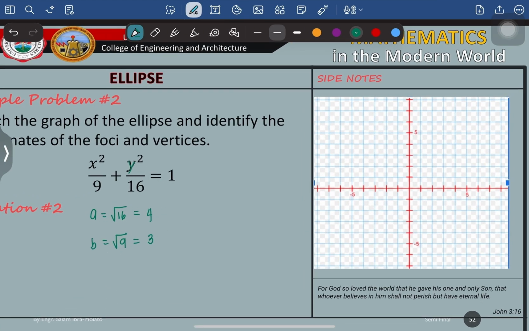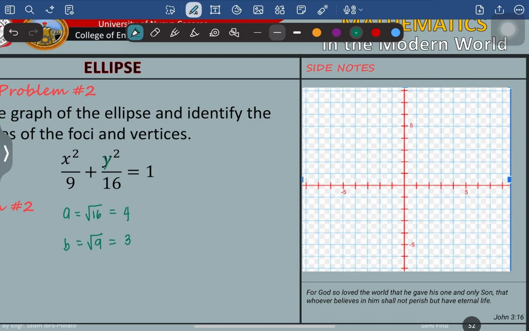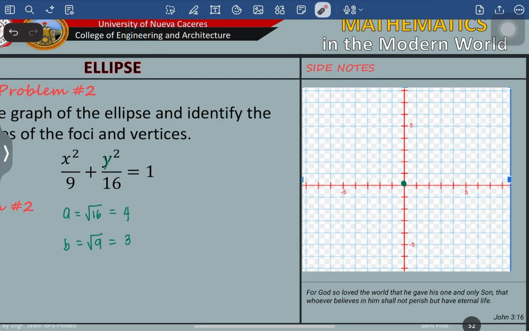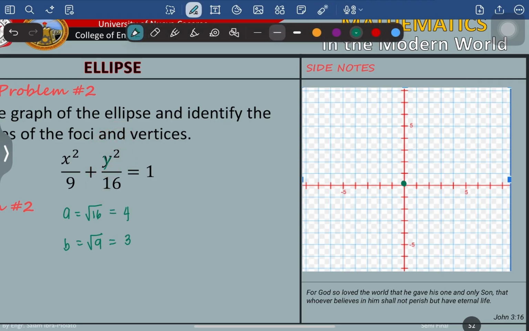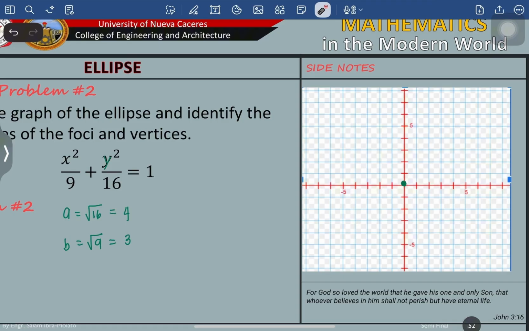So let's plot it on our graph. The center is at the origin again. Then the semi-major axis is along the y-axis, based from this equation, because the longer radius is under the variable y. So let's count 4 from the center: 1, 2, 3, 4.